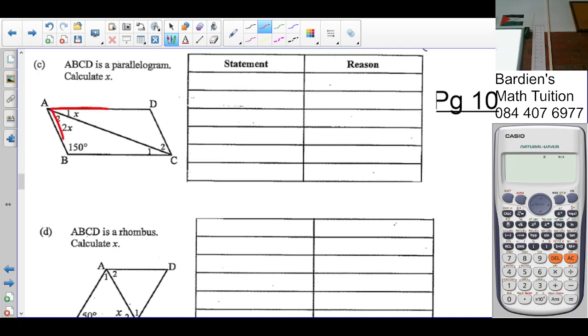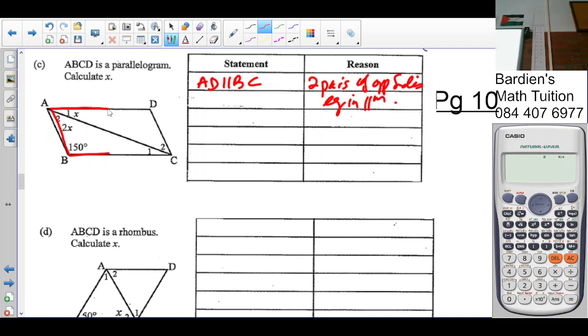We can go with co-interior angles. Not so? But co-interior angles, what do I need? Parallel. I need parallel lines. I need AD to be parallel to BC. But AD is parallel to BC. Why? Two pairs of opposite sides equal in a parallelogram.